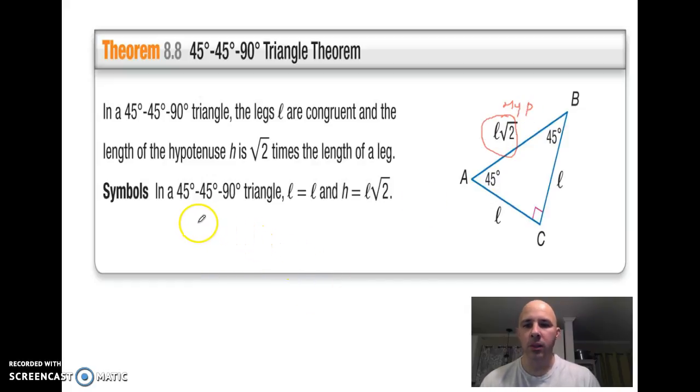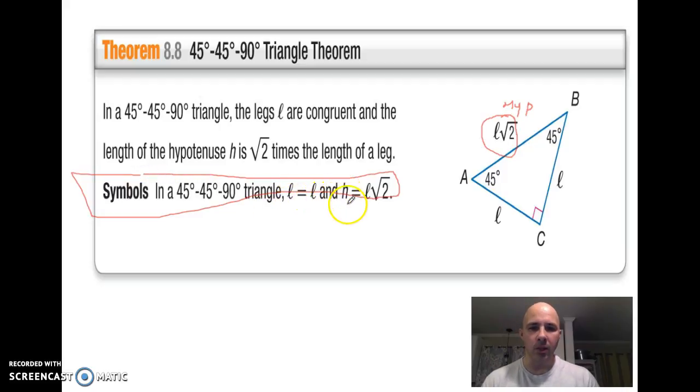Here are some symbols that can help us out: you have the leg, and the hypotenuse equals leg times the square root of 2.